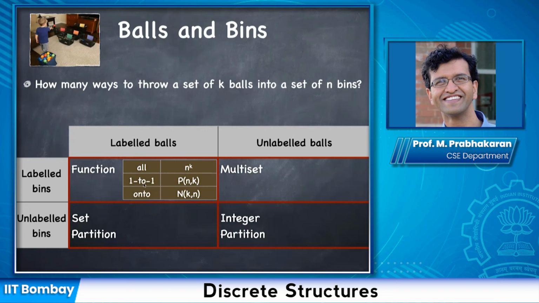If you require every bin to have at most 1 ball, that corresponds to a 1-to-1 function. So the count there is P(n, k), the number of permutations of length k over an n-size alphabet. And finally, we counted the number of onto functions, which corresponds to the case where every bin has some ball in it. So no bin is empty.